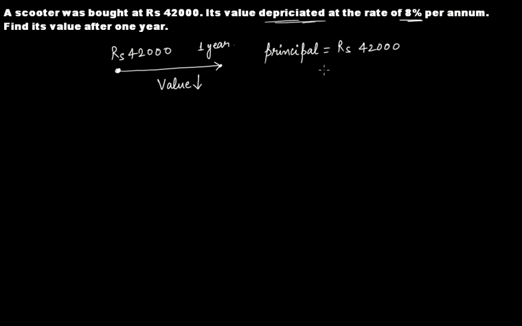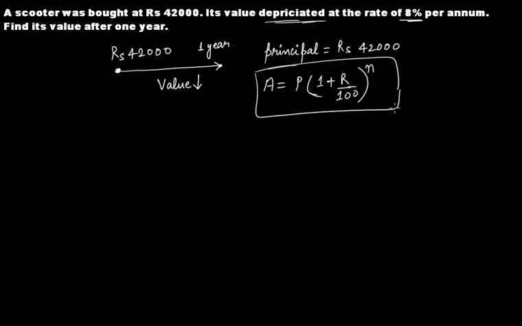So after 1 year, remember this formula: P amount after n years. This value gives the amount after the nth year. This is the general formula.